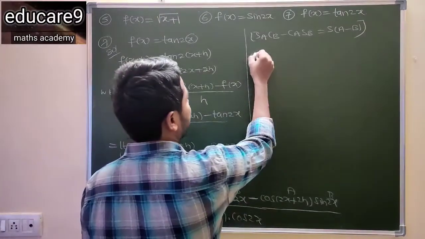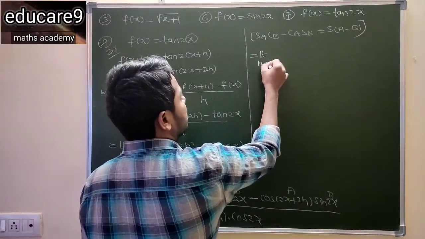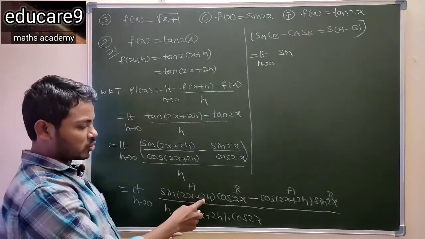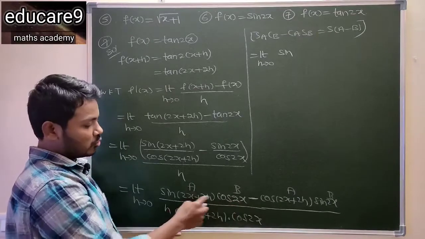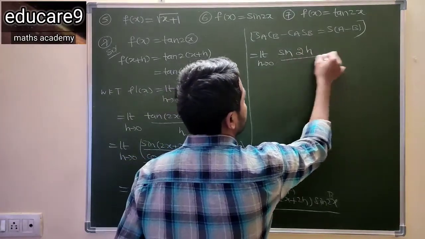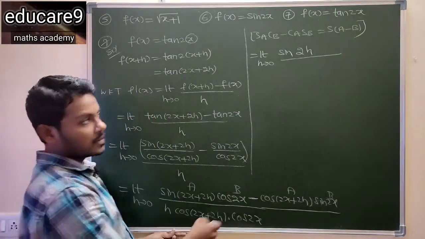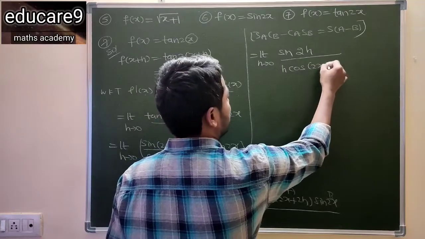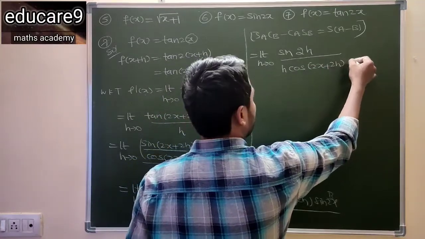So this can be written as limit h tends to 0 sin of A minus B, that is 2x plus 2h minus 2x. So 2x gets cancelled. So 2h only is left. So divided by this one, that is h into cos of 2x plus 2h into cos 2x.